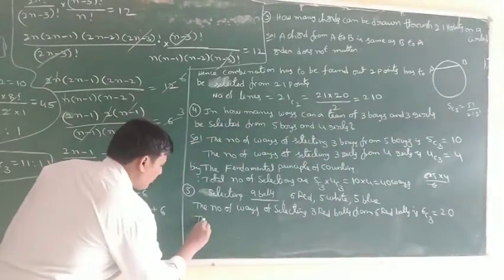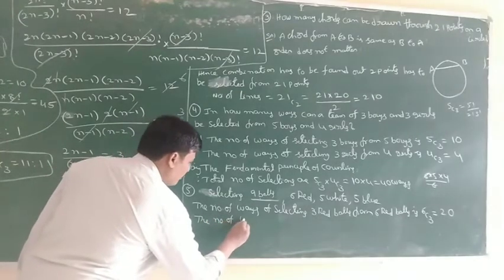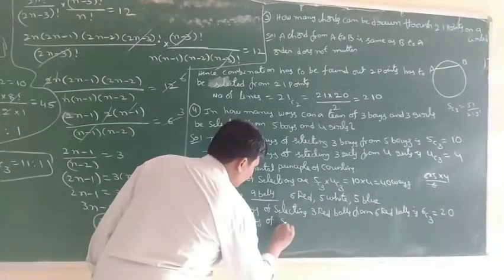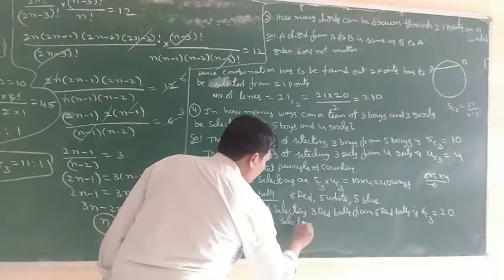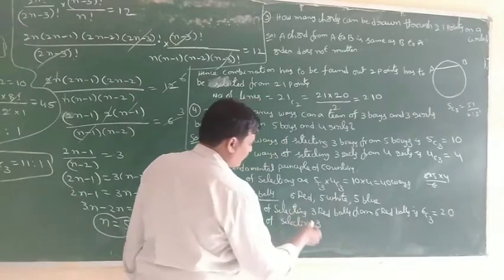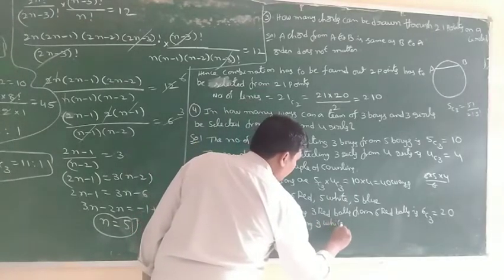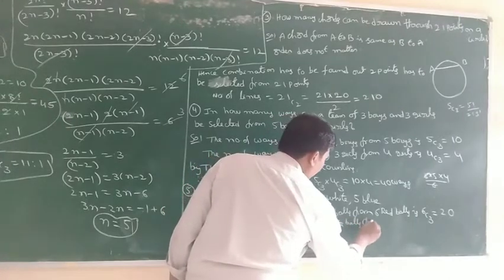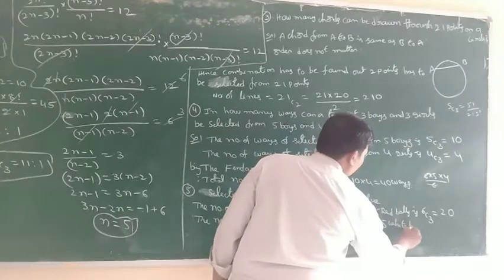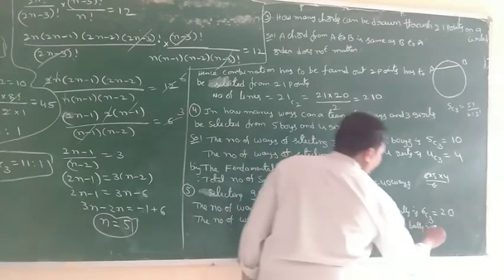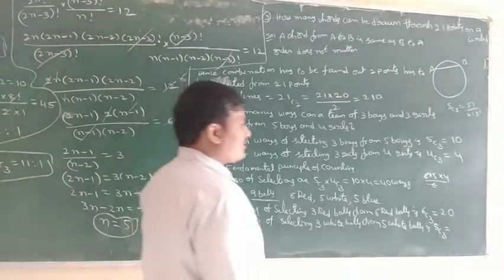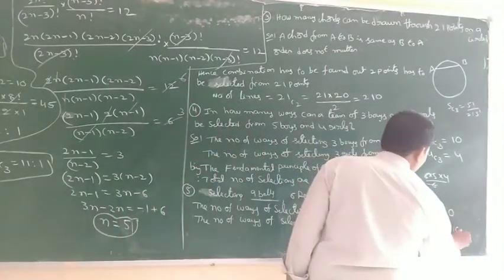The number of ways of selecting 3 white balls from 5 white balls is 5C3, equal to 5 factorial by (5 minus 3) factorial, 20 by 2, which is 10.